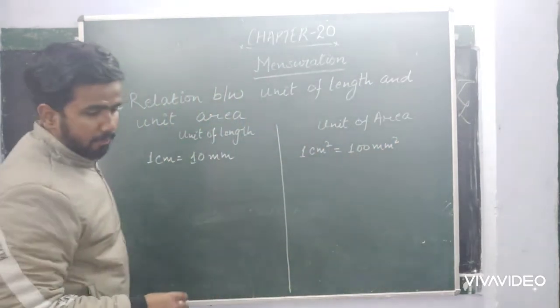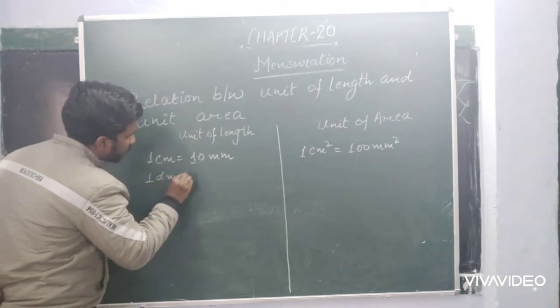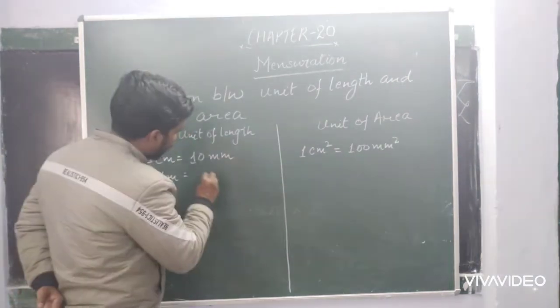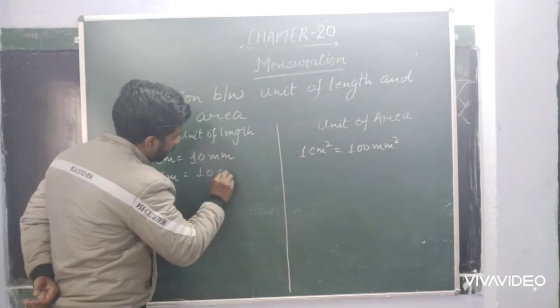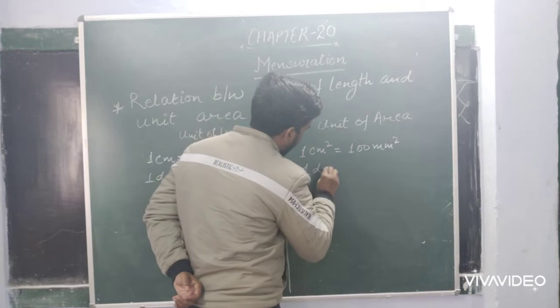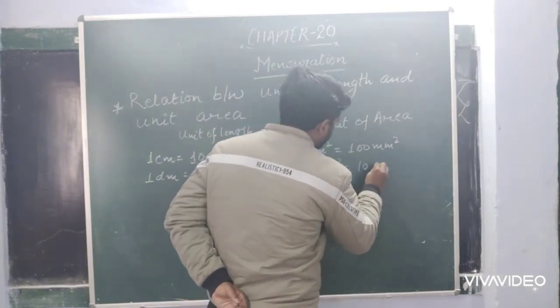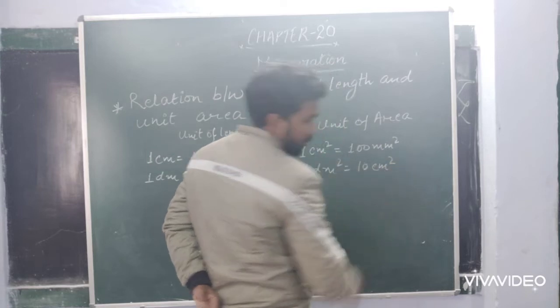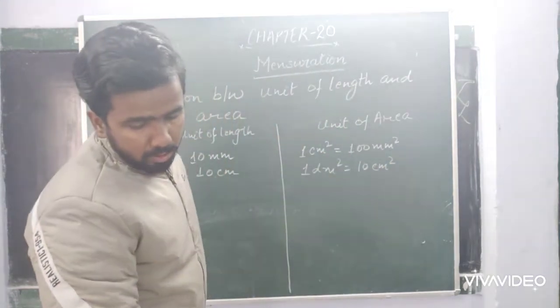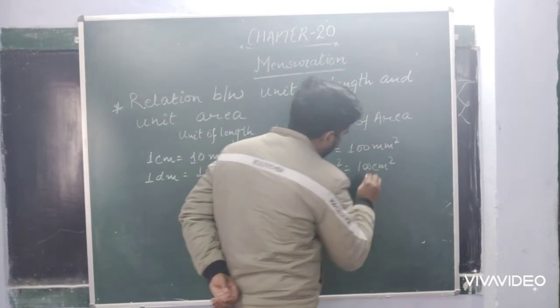Okay, if length is given as 1 decimeter, this will be equal to 10 centimeter. Here 1 decimeter square will be, sorry, 100 centimeter square. Clear? Okay.